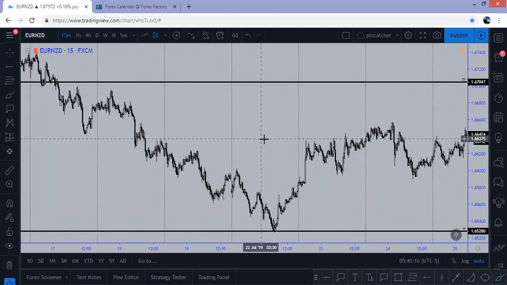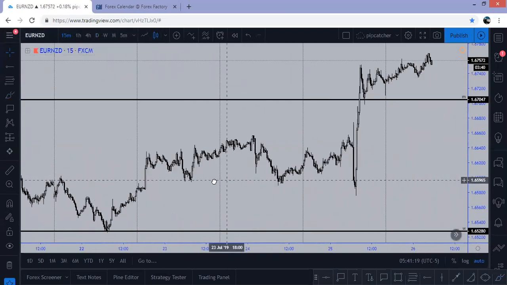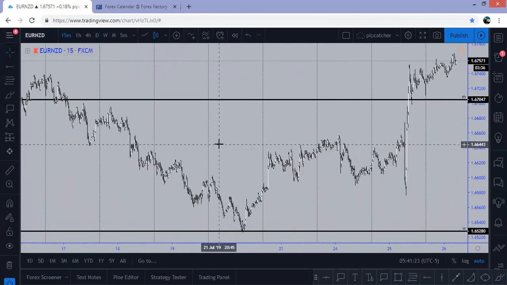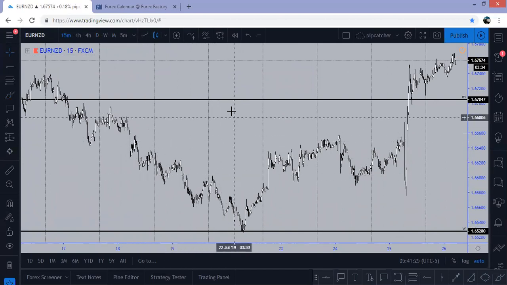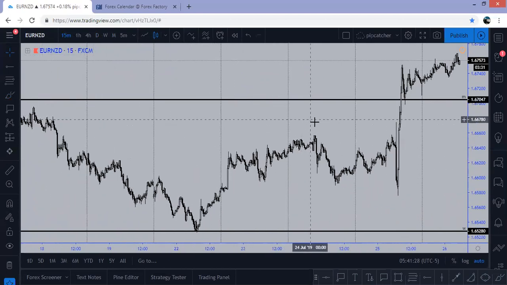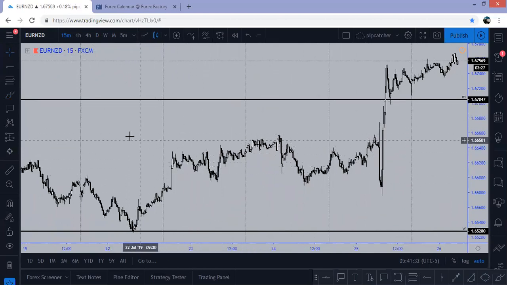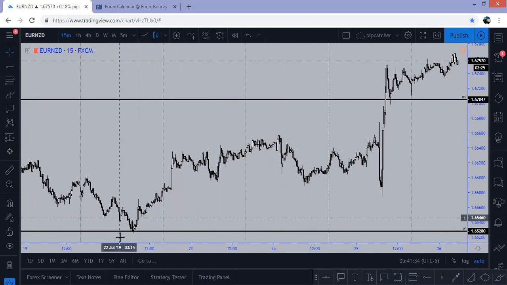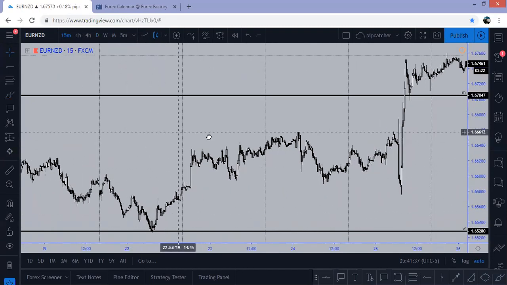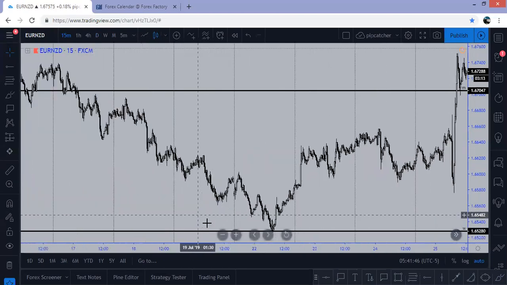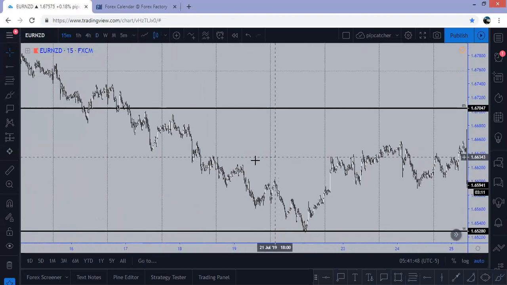But one thing that I do see happen a lot around these areas, around the monthly, weekly, and daily order block areas, there will be some type of price action, double top, double bottom, inverted head and shoulder. There will be some type of price action in these higher volatility areas in the market, right?